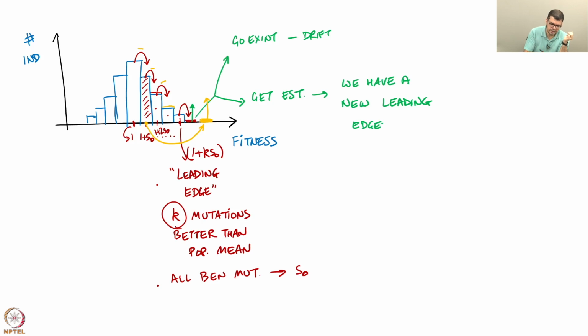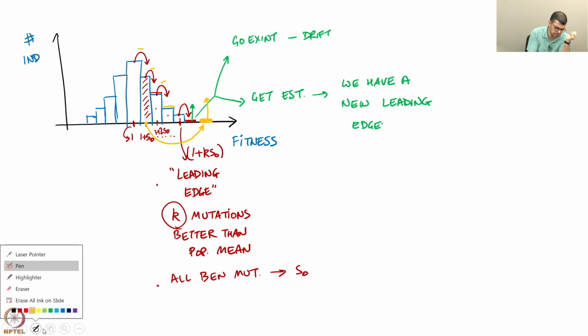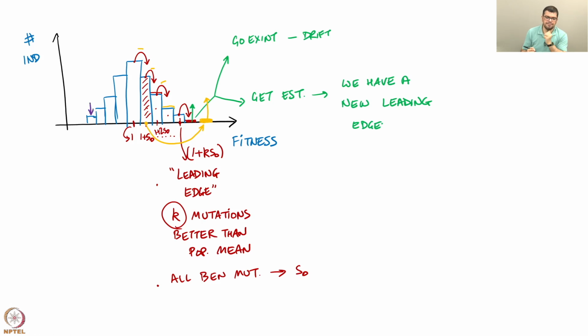At the other end, we have what is called the lagging edge. These are going down in frequency, because as of this moment in this population, this is the least fit genotype. And remember the result that we derived: in a population, if you have several genotypes which have different fitnesses, how do we decide which genotype increases in frequency and which decreases?